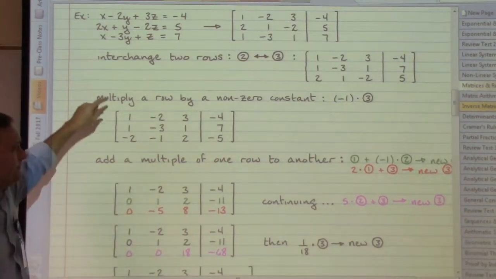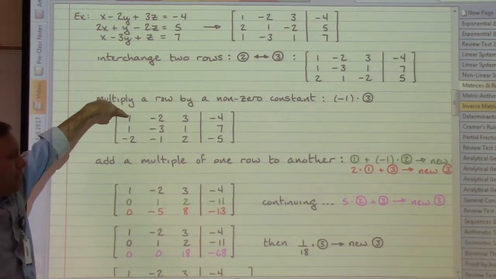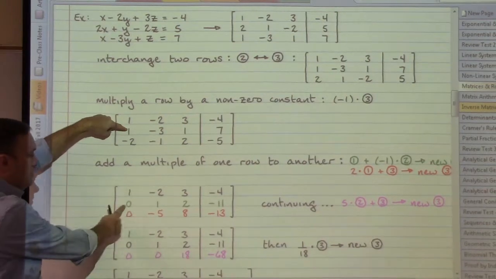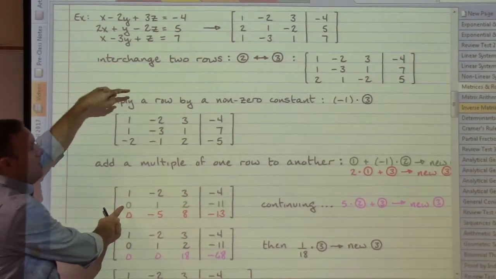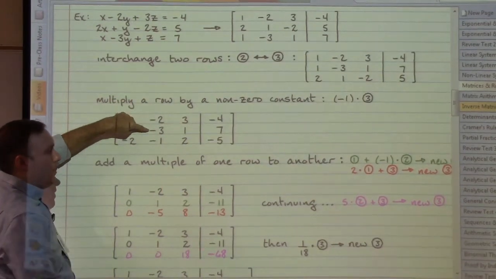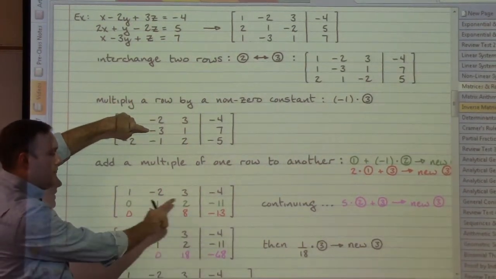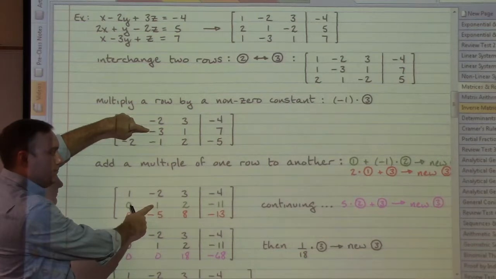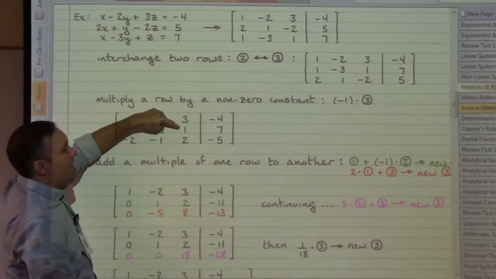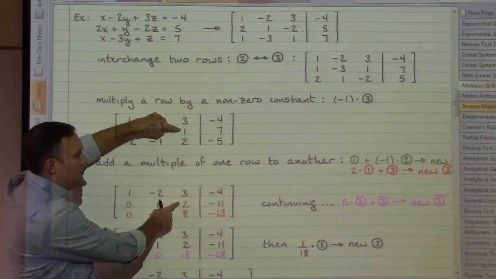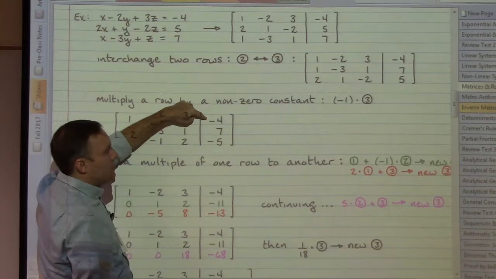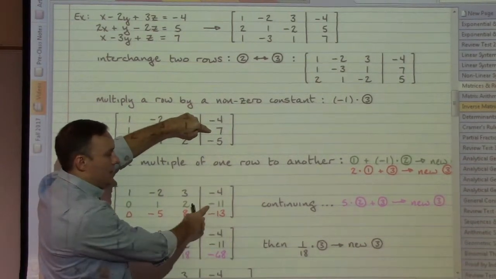So 1 plus -1 times 1 is 0. -2 plus -1 times -3 is 1. 3 plus -1 times 1 is 2. -4 plus -1 times 7 is.